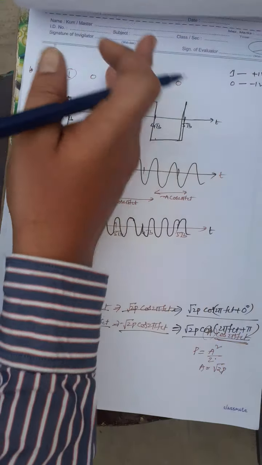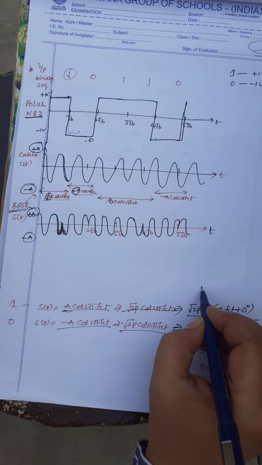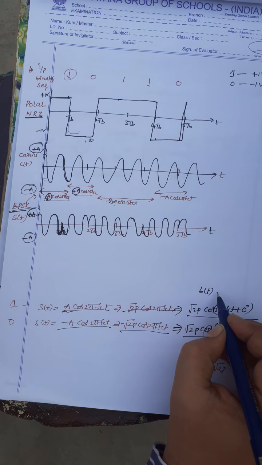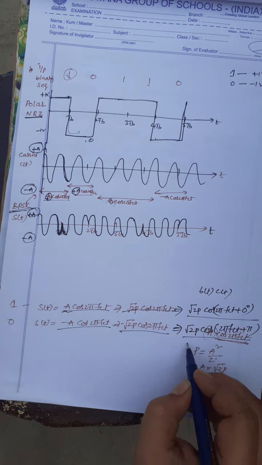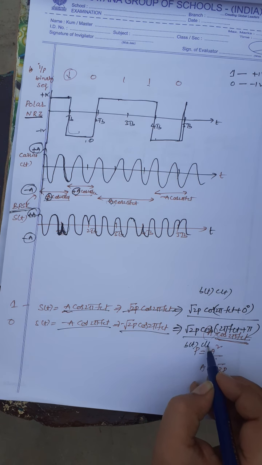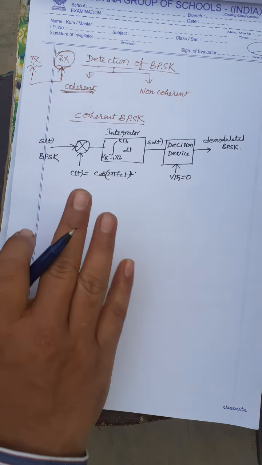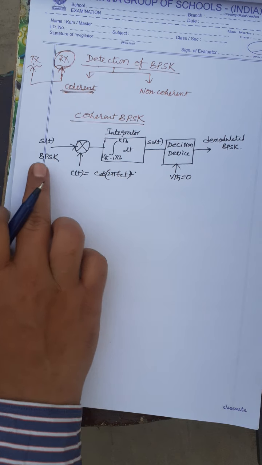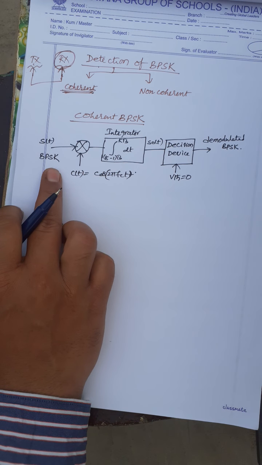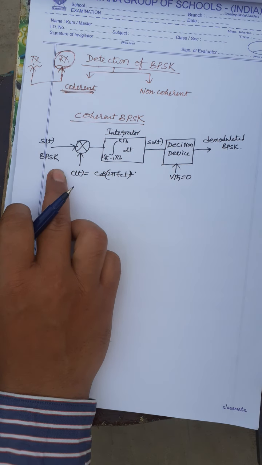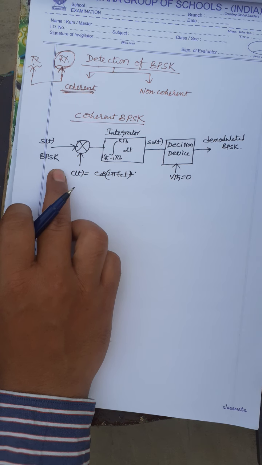Some books also write it, instead of that, as B of t into C of t. Here also B of t into C of t. Yes, all are correct. Now the input is a BPSK signal, right?